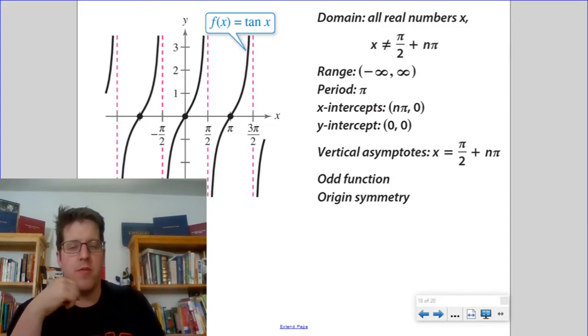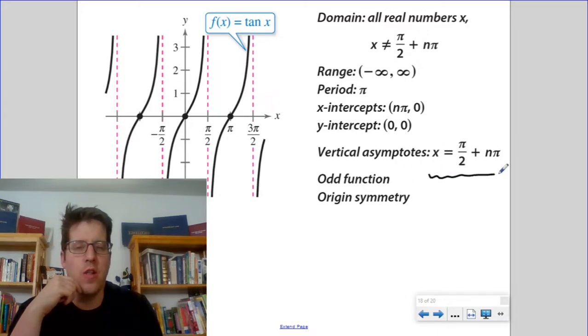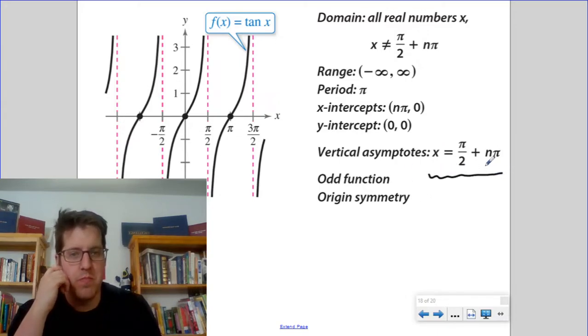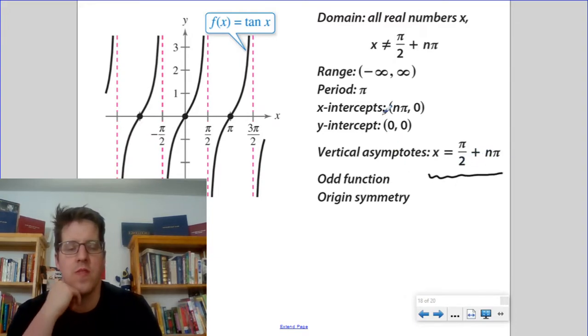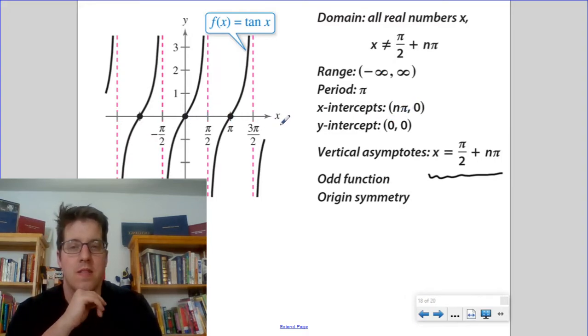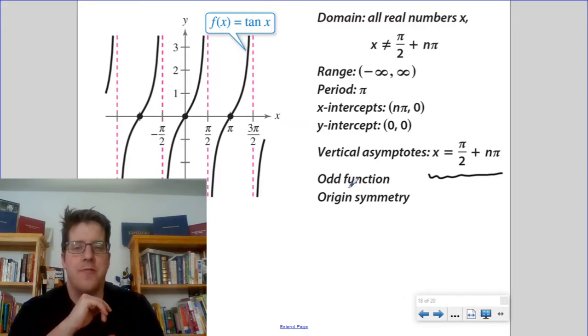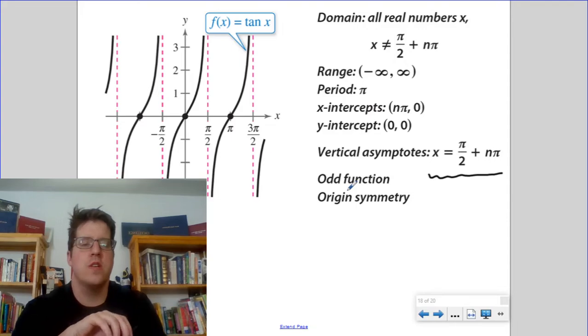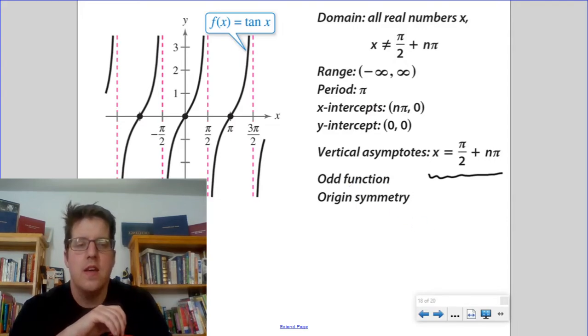So there will be vertical asymptotes at all of the pi over 2s, pi over 2 plus pi n, or n pi, as we say here. And we'll have x-intercepts at n pi as well: 0, pi, 2 pi, etc. The graph is an odd function and has origin symmetry. So that is our parent function for the tangent.